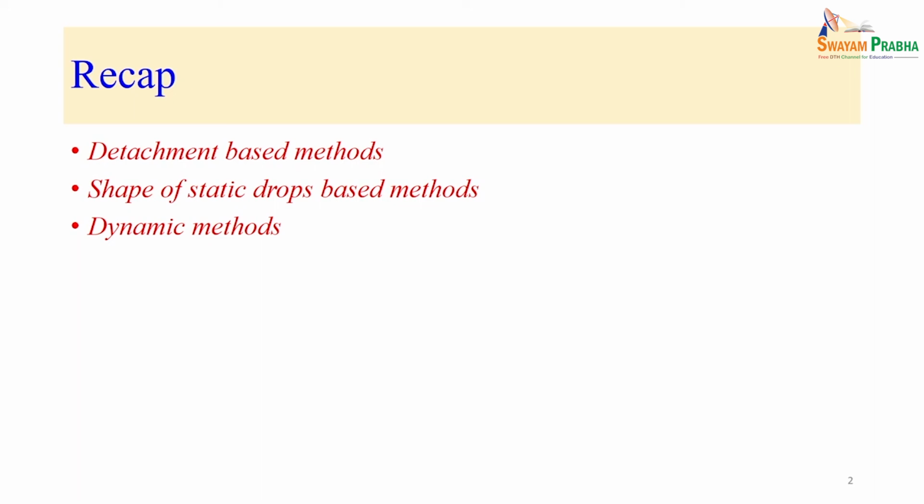where we want to form a specific drop, the drop volume method. Then you want to detach a ring from the top of the surface, that is the ring method, or you want to detach a plate, that is the plate method. Then in the shape of static drop we discussed the pendant drop and sessile drop.